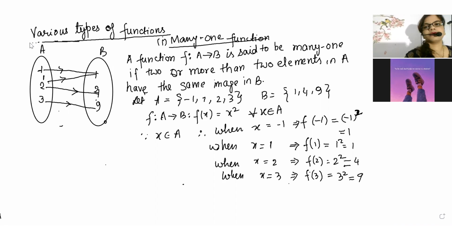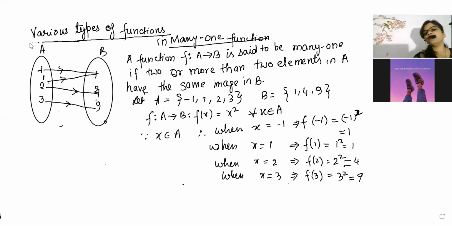A single element in codomain. This is what we were doing right now. Now we will do the next part. Many-one function presentation is this one only.